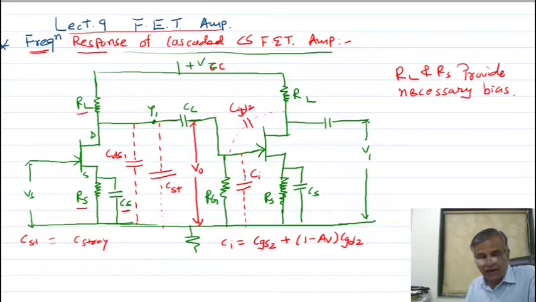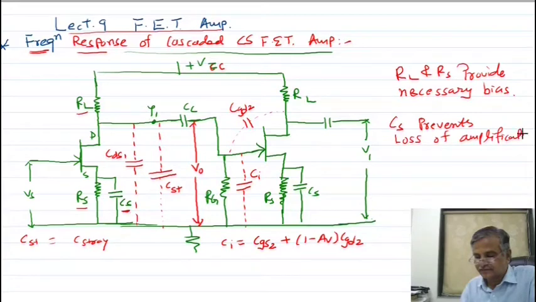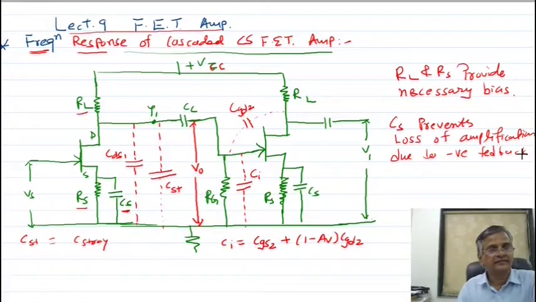CS, the bypass capacitor CS, prevents loss of amplification due to negative feedback.